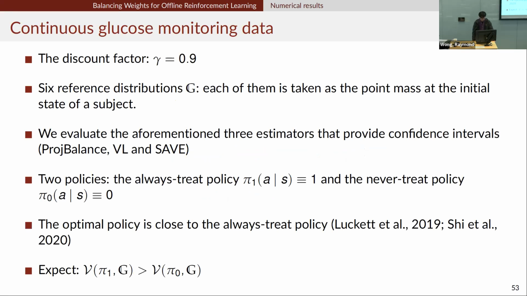We look at 6 reference distributions, which are just point masses at the initial state of a subject. We have 6 subjects. We evaluate 3 methods that have a confidence interval. We look at 2 policies: always treat and never treat. Some prior literature shows that the always treat policy is closer to the optimal policy, so we expect the value to be larger.